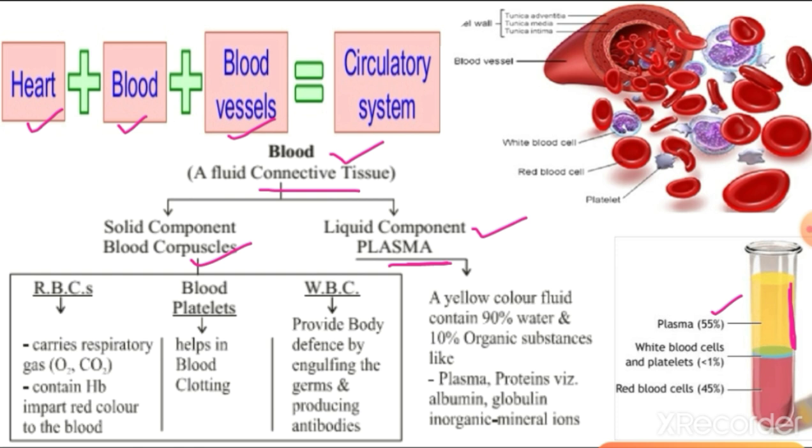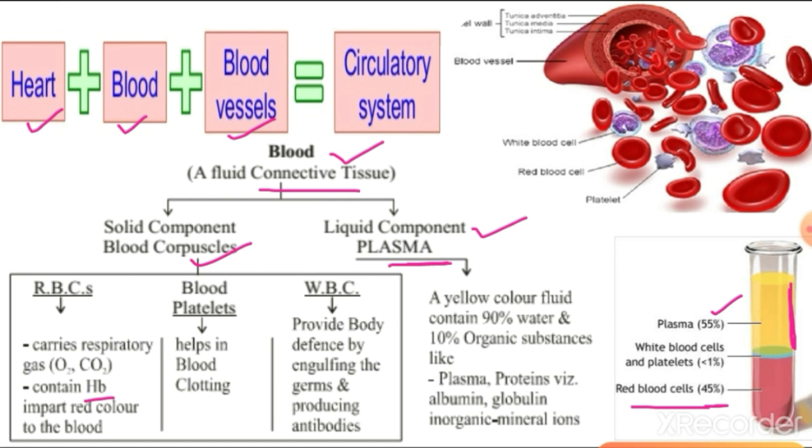So why does it appear red? Because it contains red blood cells, which are 45%. What is there in the red blood cells which makes the blood red? It has hemoglobin. Here we can see Hb. Hb means hemoglobin. Hemoglobin is basically a red pigment which imparts a red color to the blood.